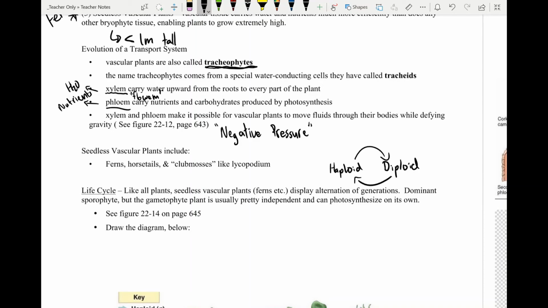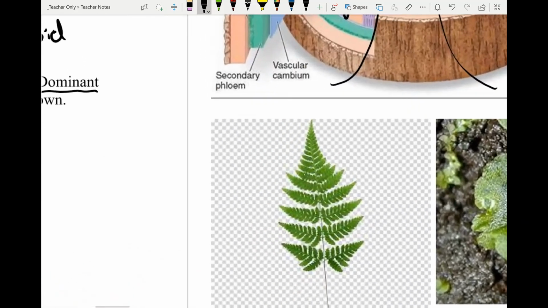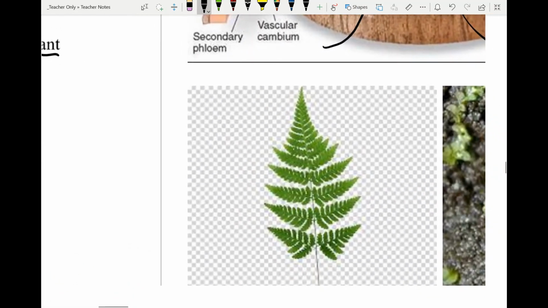First change, the new dominant form is the sporophyte. So whereas before we talked about algae, we talked about mosses, they were gametophyte dominant. Now the sporophyte is the dominant life portion of the plant. So what we think of when we see a fern, or what we think of when we think of a fern, is this.